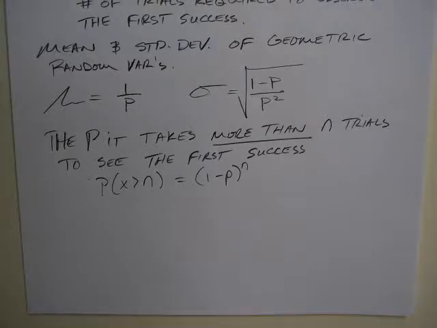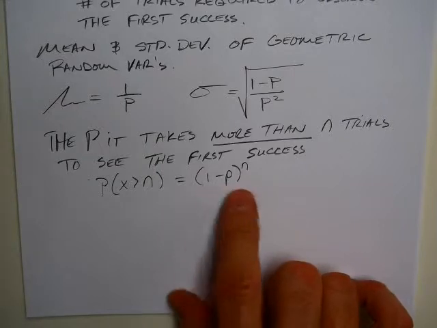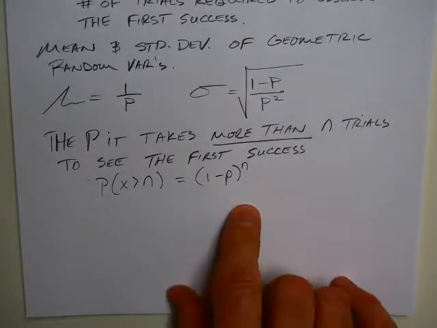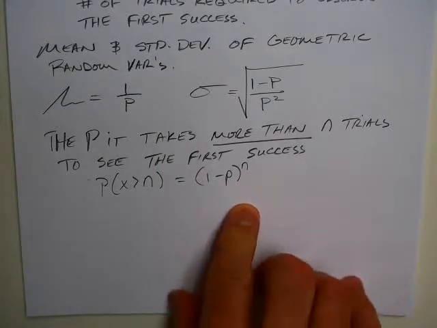So here's the thing. Because you're doing something until you get a success, 1 minus doesn't really work in the calculator like it does with the binomial setting. So this is your 1 minus sort of idea, your more than situation.